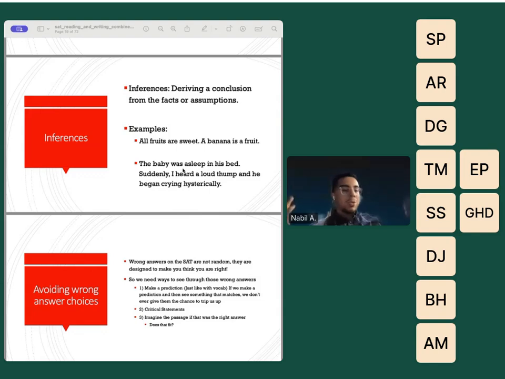So basically, the baby was awake. We can say for sure that the baby was awake, but we cannot say for certain anything about the parenting behavior. We don't know what the baby's parents did. We could maybe say they fell down, but we can't say that for certain. So really, just try to make a logical inference based off the facts that you're given.